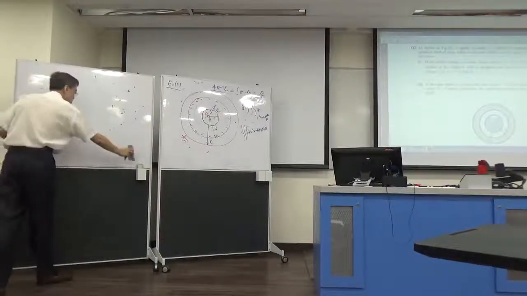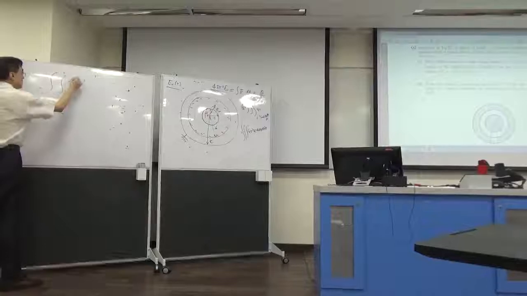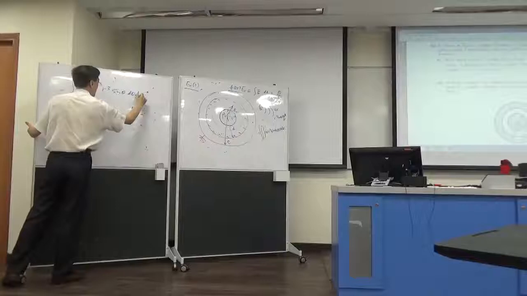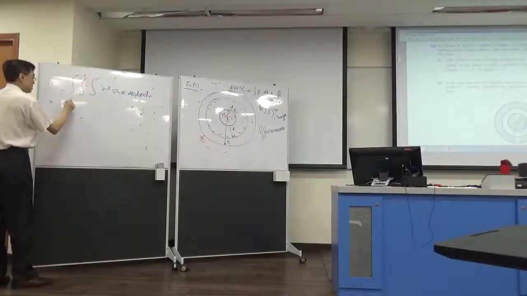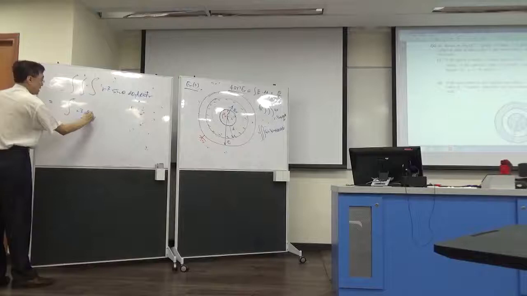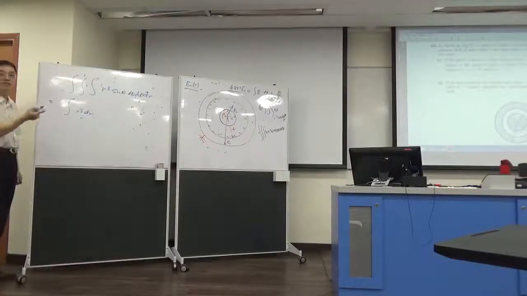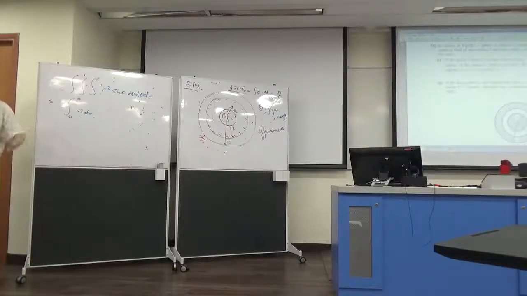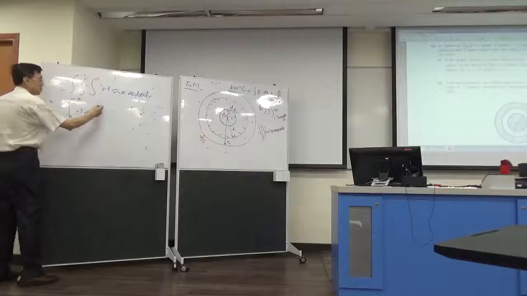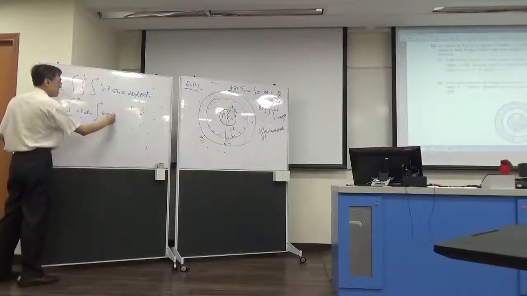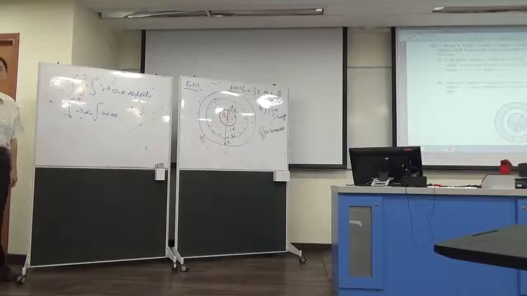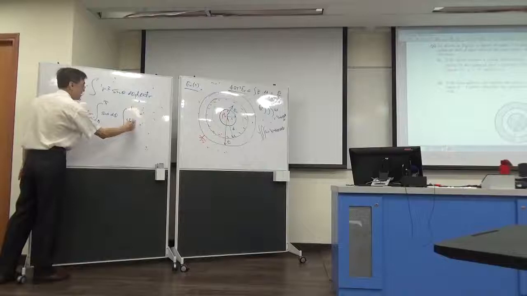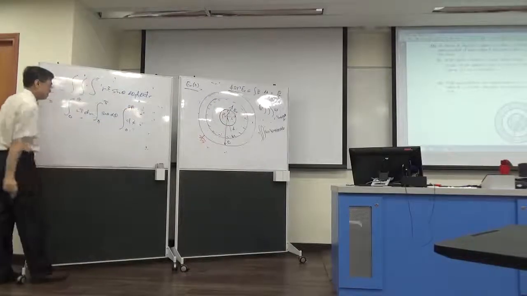Okay, so how to do this integration? It's very simple. R cubed sine theta d theta d phi dr equals R cubed dr integrated from 0 to A, because the Gaussian surface encloses the entire inner sphere, times sine theta d theta integrated from 0 to pi, times d phi integrated from 0 to 2 pi.